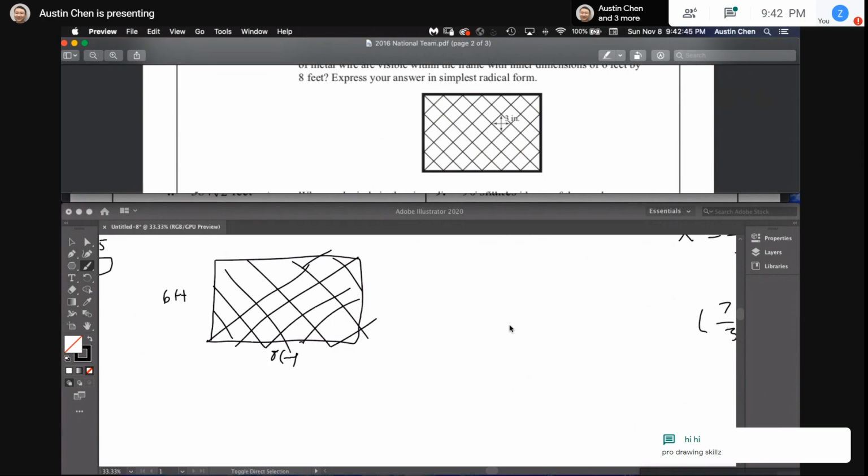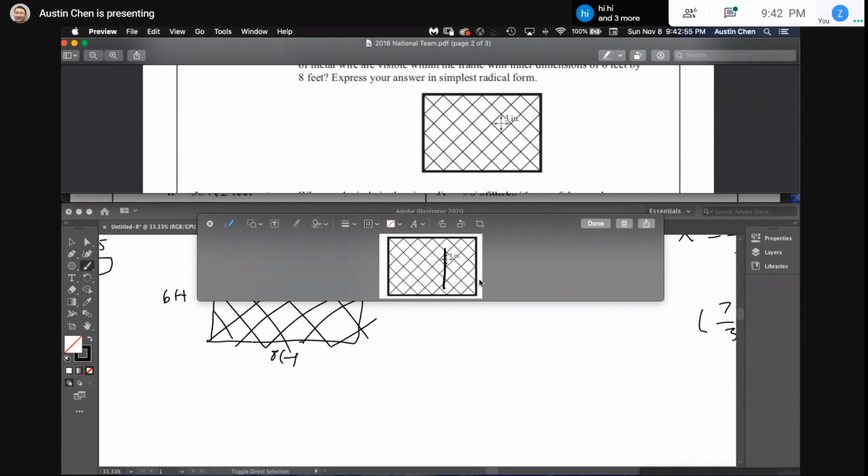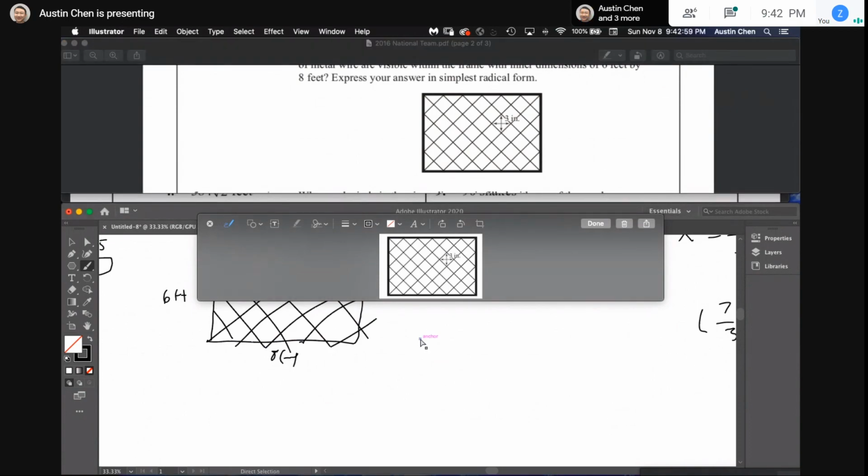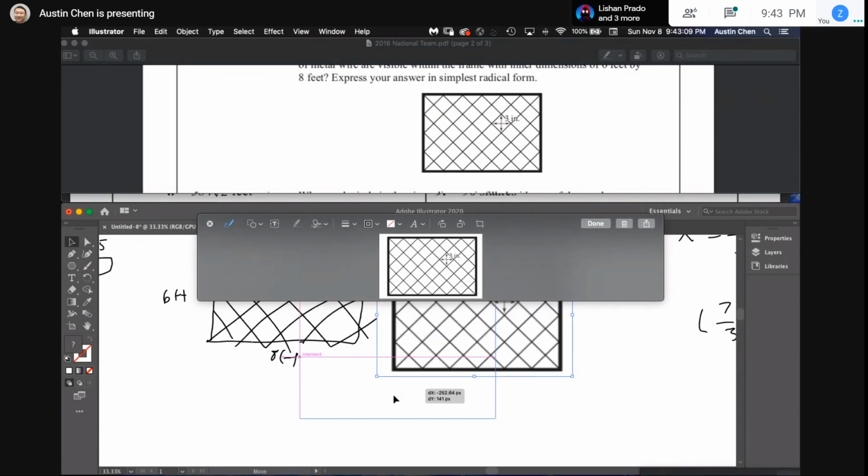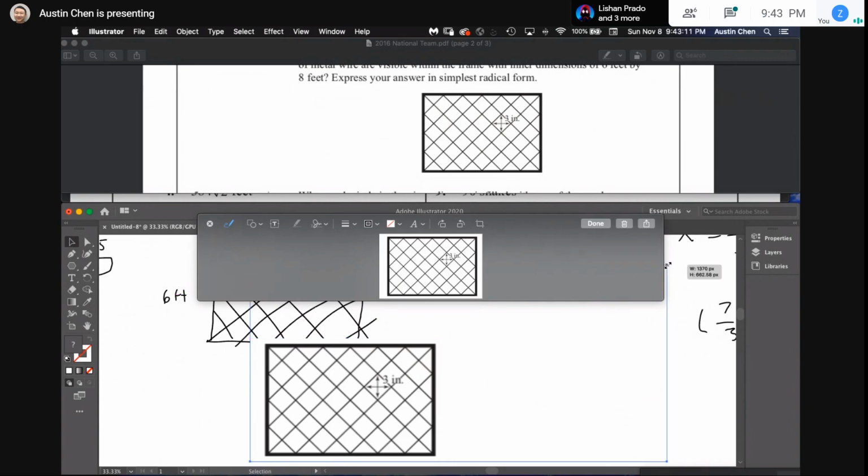I just put this in. Oh, does it work? Maybe not. It could be somewhere else in the document. Oh, yo, you got it. Nice. How do you scale this up? I don't know. I've never used Adobe.